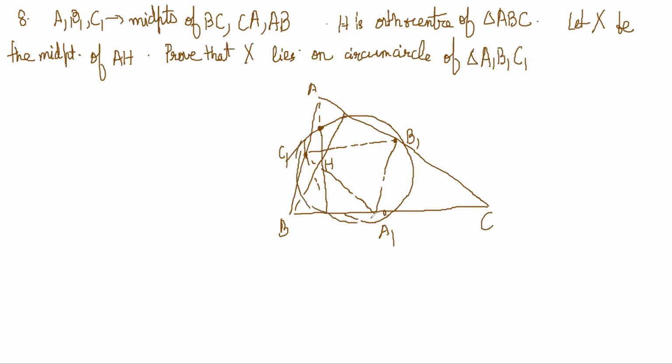The circumcircle of this triangle is somewhat like this, and this point is X, midpoint of AH. So basically, we are trying to derive the 9-point circle. Everybody has realized, no? So I will just make a different drawing. So not a nice figure.